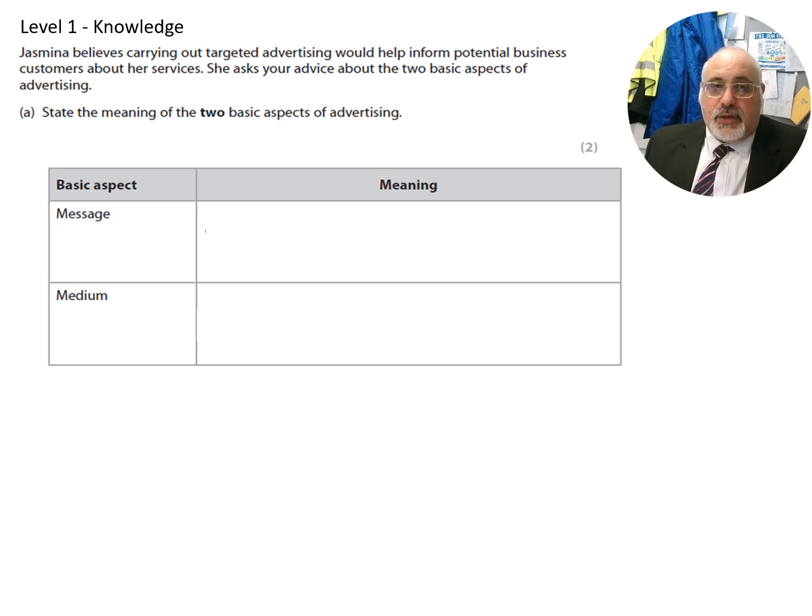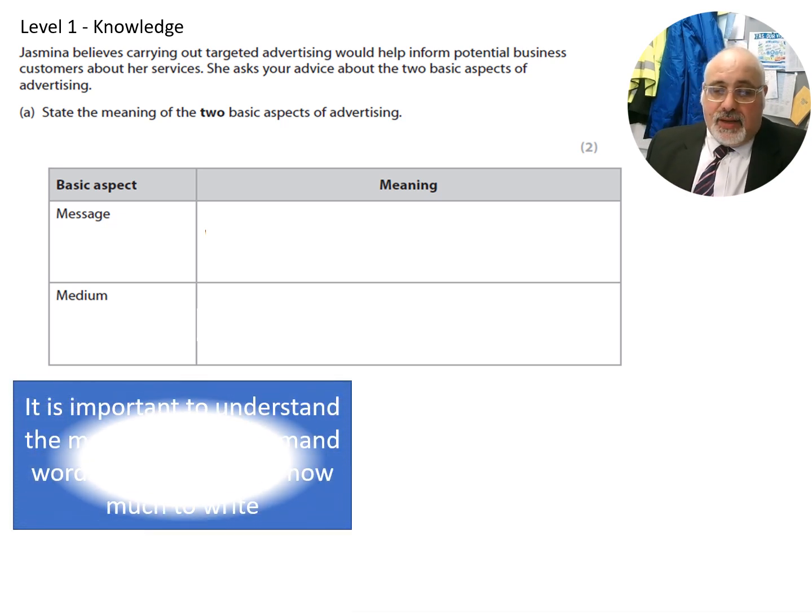So let's take a look at some of the questions that could possibly come up and the skills that are needed. For a level 1 knowledge question, which you can see in front of you, it's all about knowing the knowledge, as I've said previously. You've got a little bit of context there, and therefore your answer for this question doesn't need to be about the context, it's just giving you a little bit of background information.